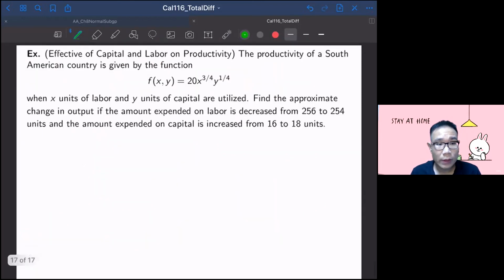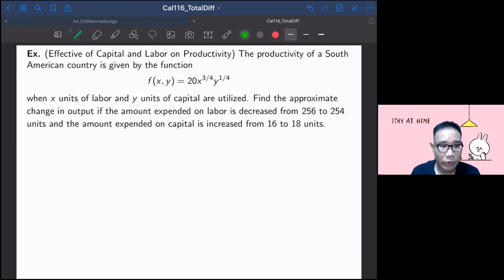Okay, so the next one, we'd like to find the productivity of a South American country, which is given by the function f(x,y) equal to 20 x to the 3/4, y to the 1/4.